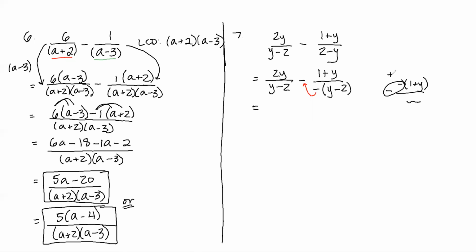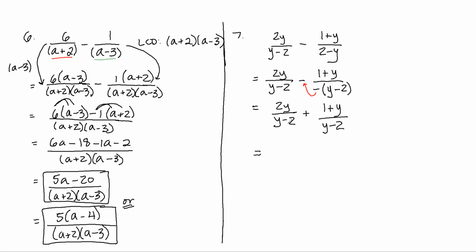Just like when you're subtracting a negative 5, it becomes plus 5. All right, so let's go ahead and make this negative a positive. So we have 2y over y minus 2 plus 1 plus y. Now we move this negative up here, so this is now just a y minus 2.